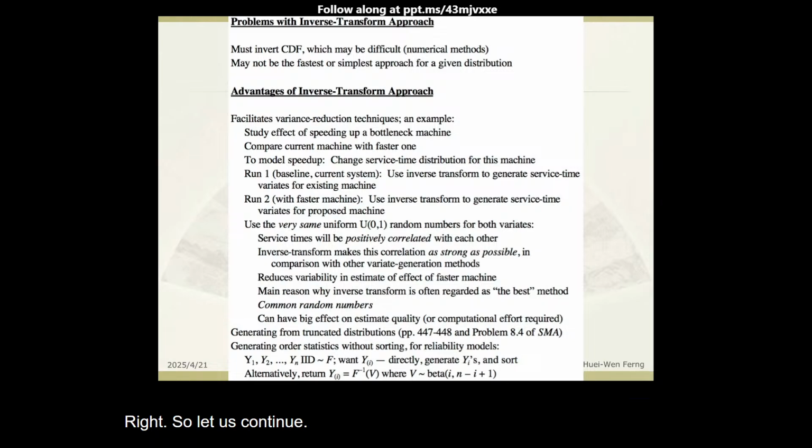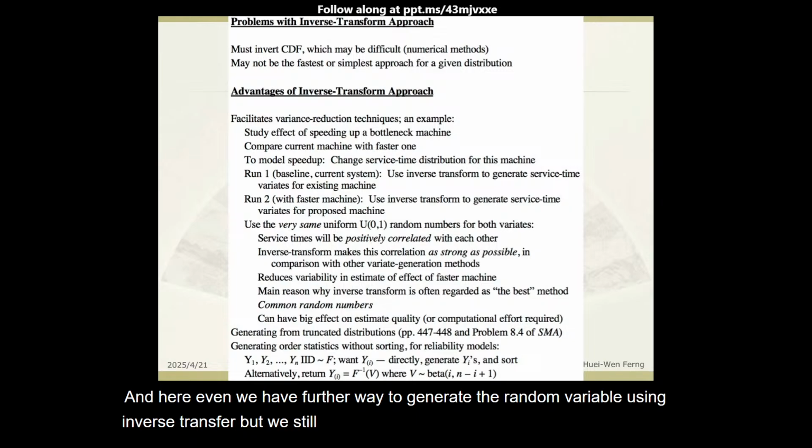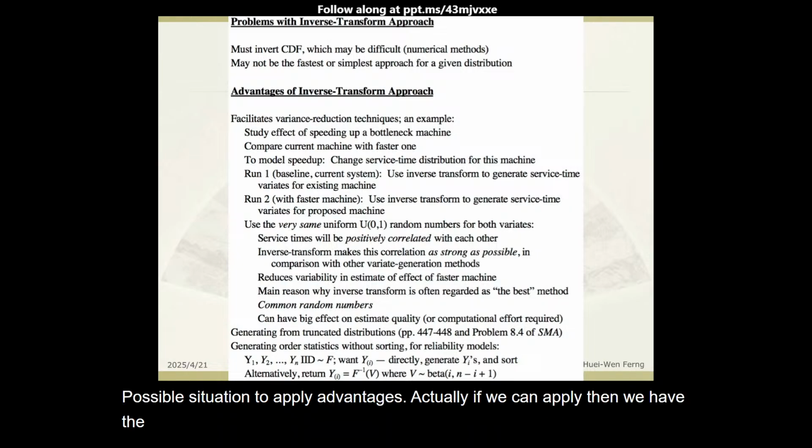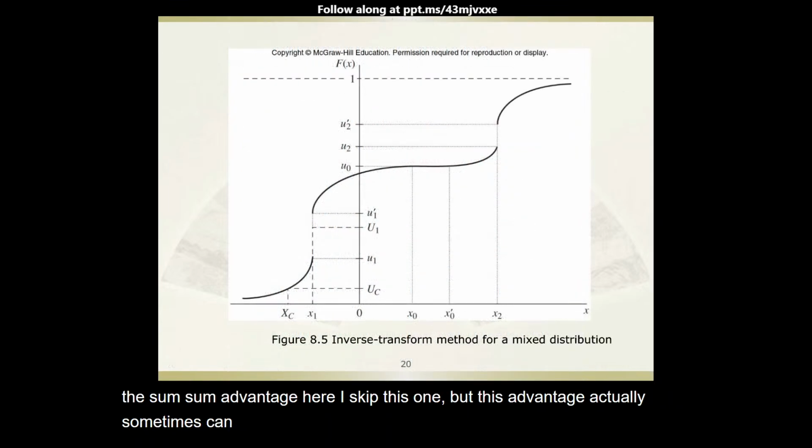And here, even though we have the way to generate the random variable using inverse transform, we still have some situations to consider. Advantages: if we can apply it, then we have some advantage here. I skip this one. But disadvantage: sometimes can we have the solution?